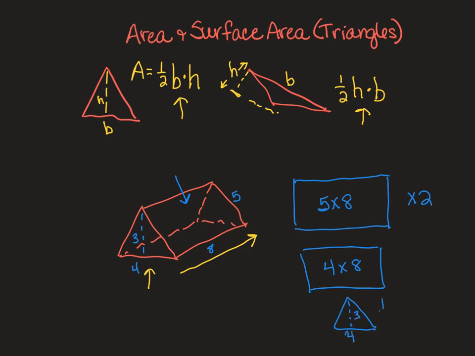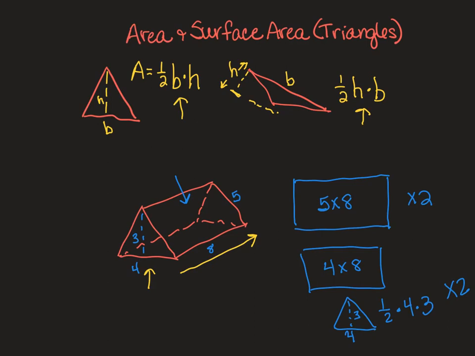So I'm going to use the formula I used up above: 1/2 times the height and the base gives me the area of that triangle. And I also know that there are 2, so I need 2 of those.